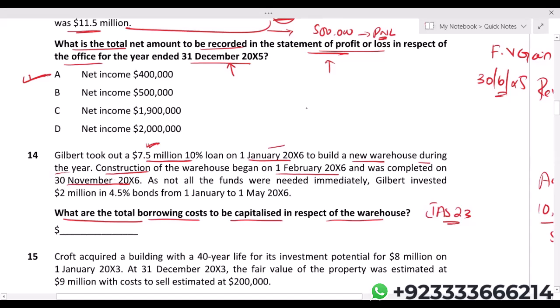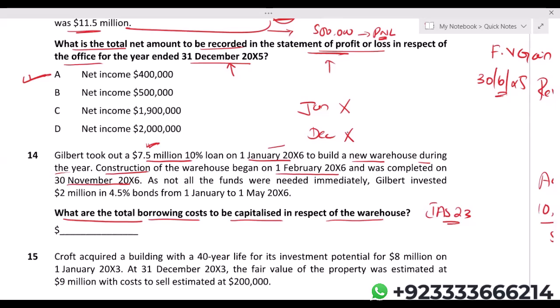Very important point is, January borrowing costs will not be capitalized, and December borrowing costs will not be capitalized, because once the qualifying asset is completed, even though you still have to pay the interest on that loan, no more borrowing cost is capitalized after completion. So the borrowing cost of January you cannot capitalize.